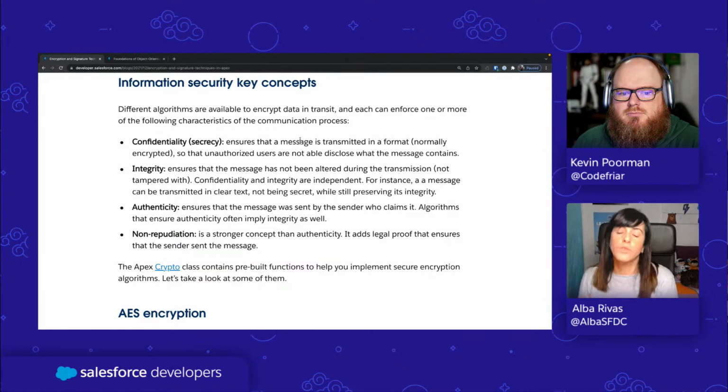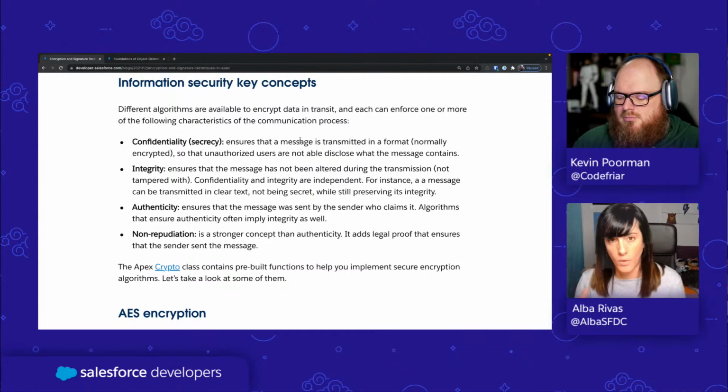We are going to see one algorithm, digital signatures, that is normally used to ensure non-repudiation, and digital signatures are used all over the place for legal processes, right? I don't know in the US, but here in Spain, if you need to do some administrative tasks with your identity card and you want to do that virtually, you need a certificate, and you need to digitally sign the documents that you are going to send, right?